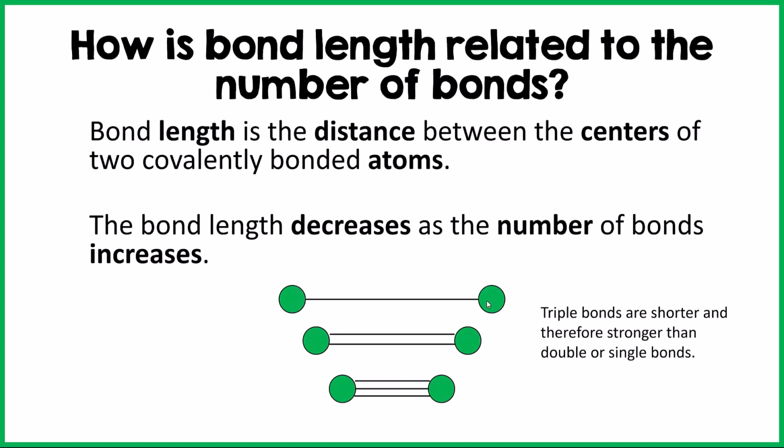This is a single bond. This is a double bond, which would be sharing 2 pairs of electrons, or 4 electrons total. And this is a triple bond that would be sharing 6 electrons total. Notice that the triple bonds are much shorter because those nuclei are being pulled closer together, and they're also stronger than double or single bonds.